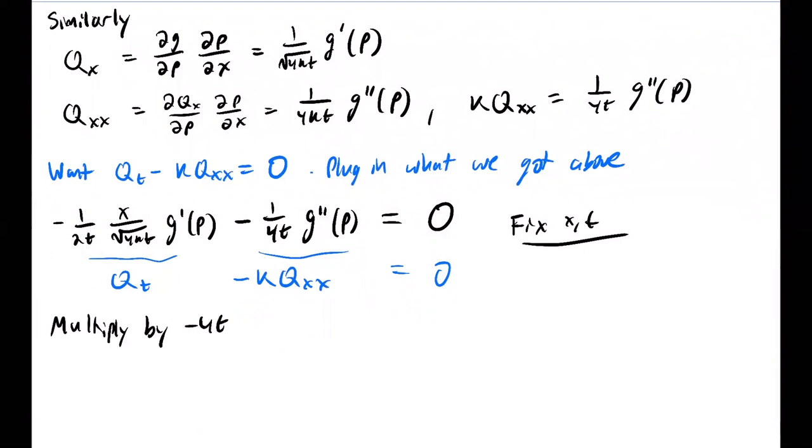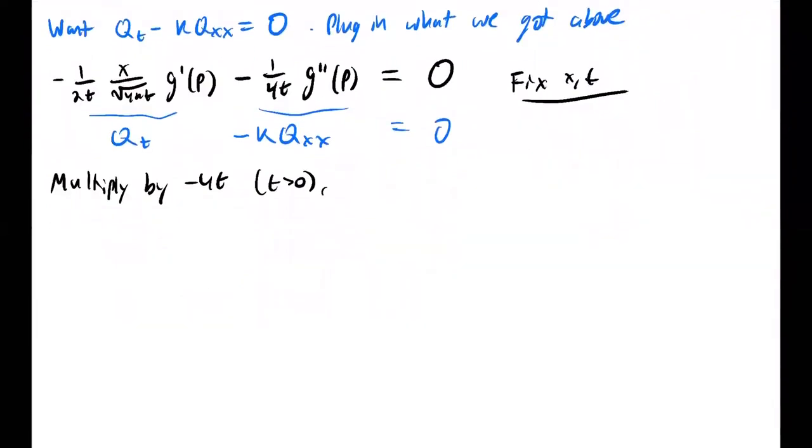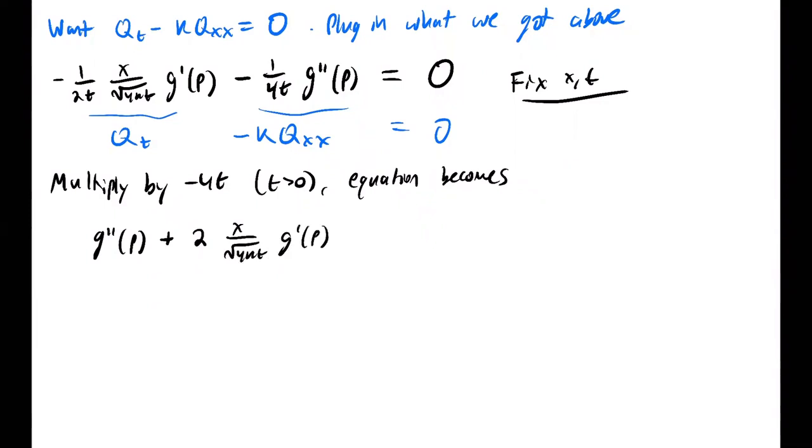We're assuming t is not 0, so let's assume t is bigger than 0. Multiply by negative 4t, what does the equation become? Right, so the equation becomes g prime prime of p, and the negatives cancel, so I get plus, well, I have 4t over 2t, so that just gives me a 2, and then I have x over square root of 4kt times g prime of p equals 0.